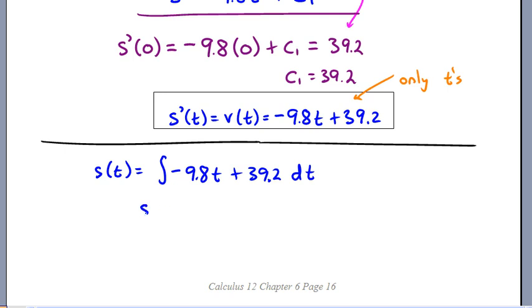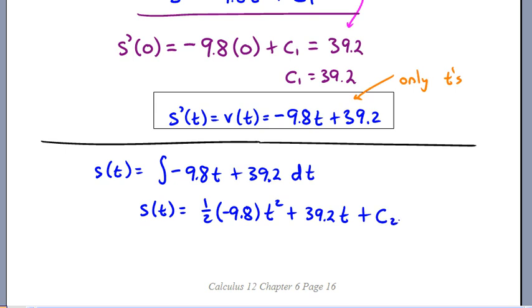So we'll have S of t. We're going to have a 1/2. We're also going to have this negative 9.8 floating around. We're going to have a t squared, and then we're going to have a 39.2t, and then another constant. There's this C2. And I want to know what that C2 is.